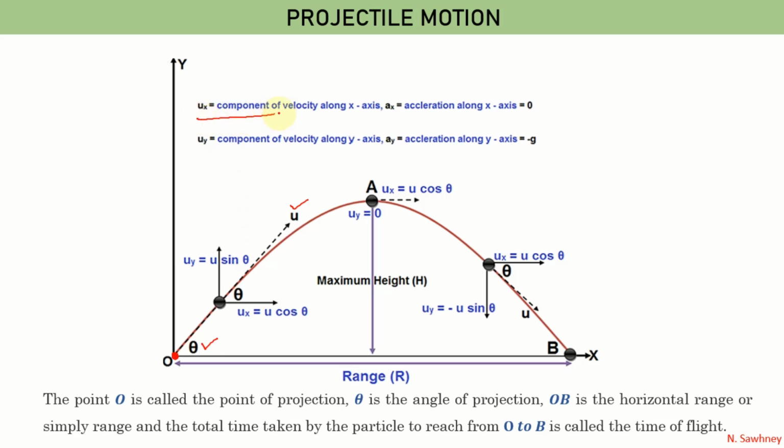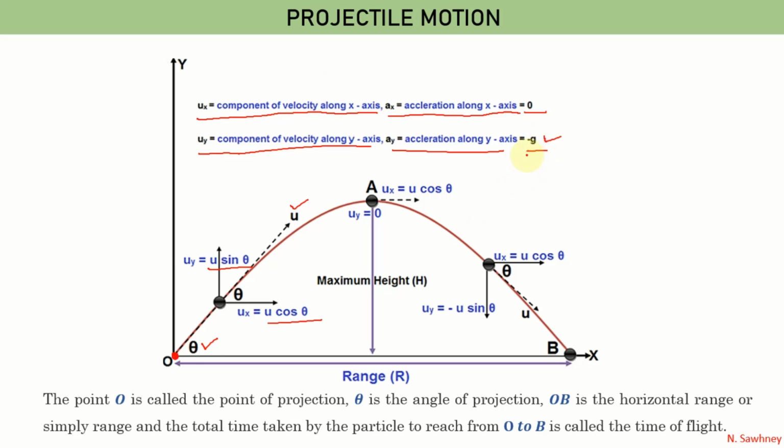Let ux be the component of the velocity along the x-axis and uy be the component of the velocity along the y-axis. Along the x-axis, the component will be u cos theta, and along the y-axis, the component will be u sin theta. As we know, there is no acceleration along the x-axis, so it will be 0, and acceleration along the y-axis will be minus of acceleration due to gravity, that is minus g.